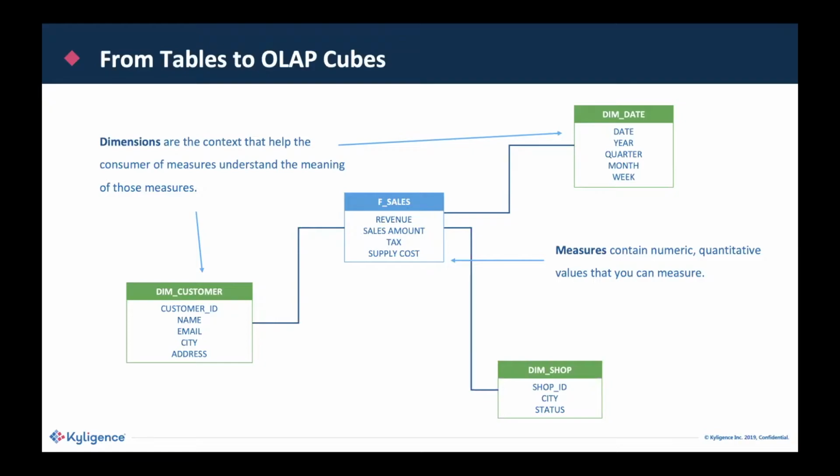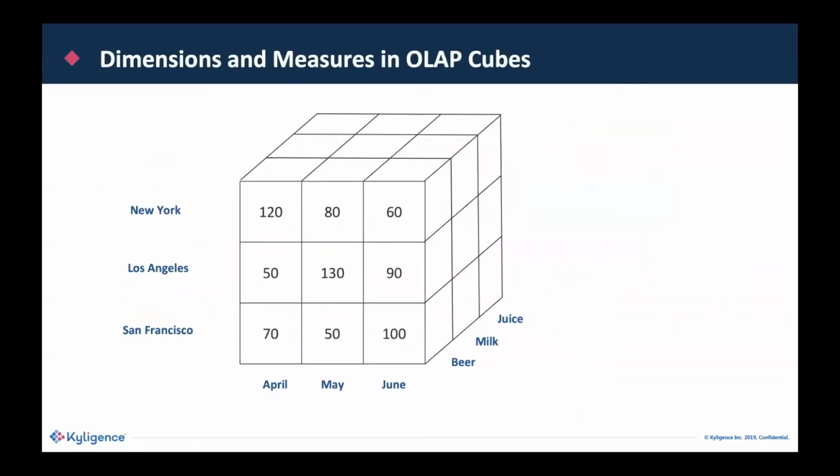In this example, you can choose those columns from lookup tables as dimensions based on the angles from which you want to calculate your measures. All right, after identifying measures and dimensions from those tables, we can use them to construct a cube. Let's check the cube again. The location, date, and product are dimensions. And the sales numbers stored in the cube are measures.